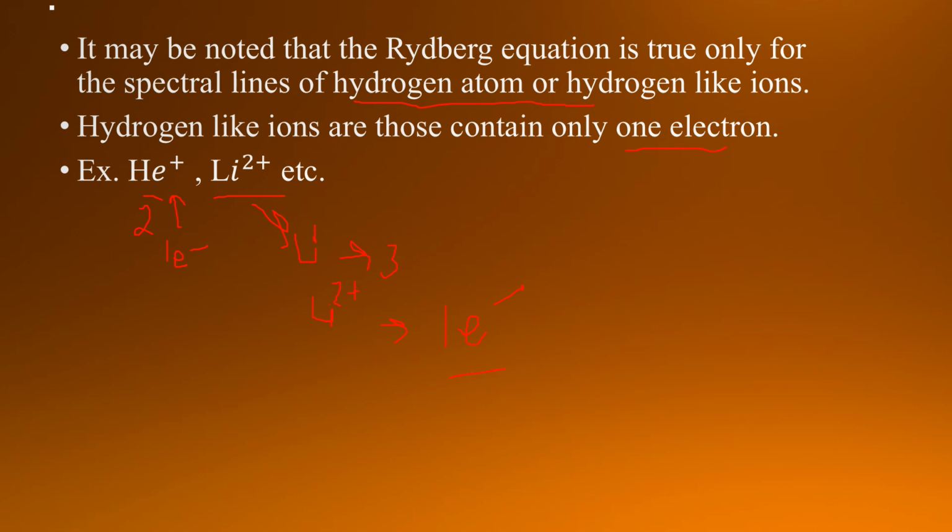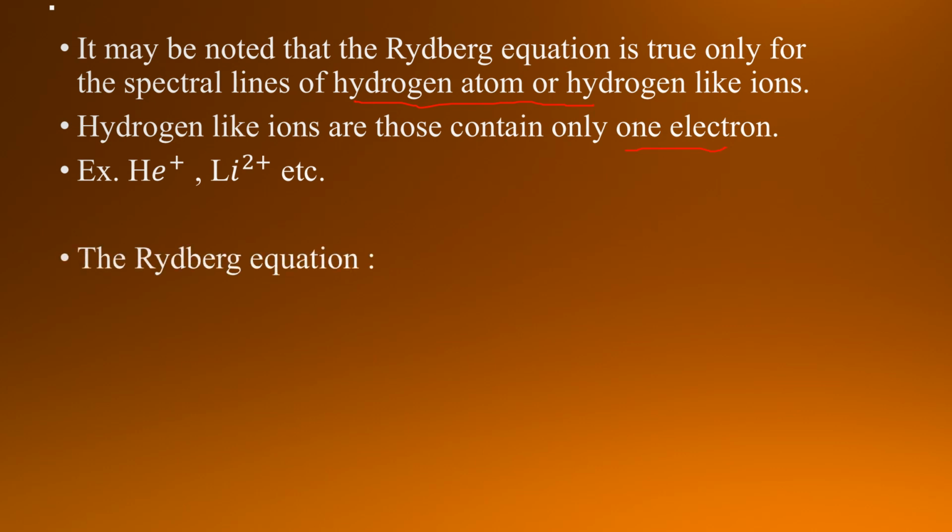And as Li2 positive ion has only 1 electron, it is much similar to hydrogen atom, which has only 1 electron in its atomic form. So these are examples of ions which behave like the hydrogen atom, because they have only 1 electron.